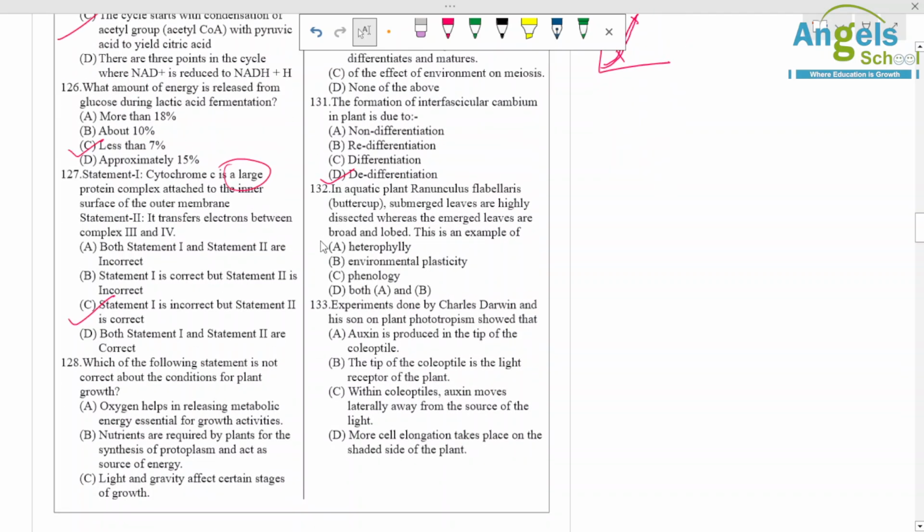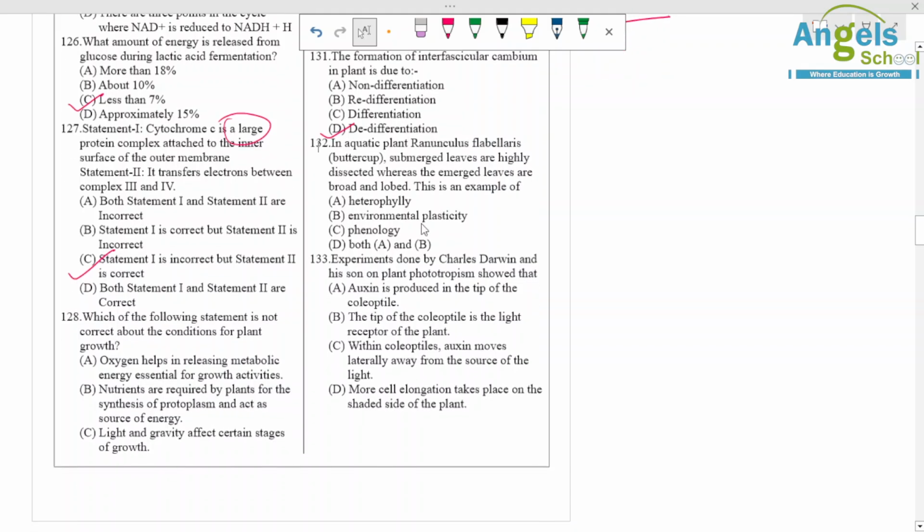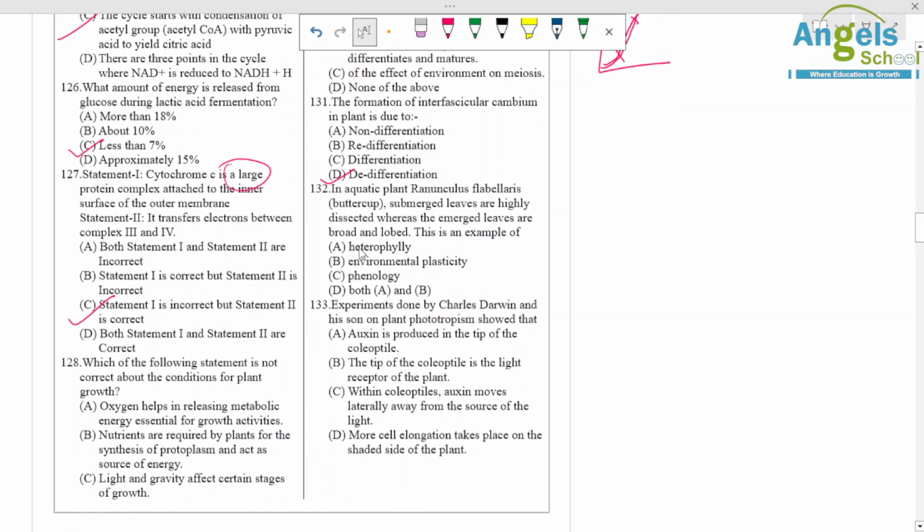Question number 132. In an aquatic plant like buttercup, submerged leaves are highly dissected, whereas the emerged leaves are broad and lobed.